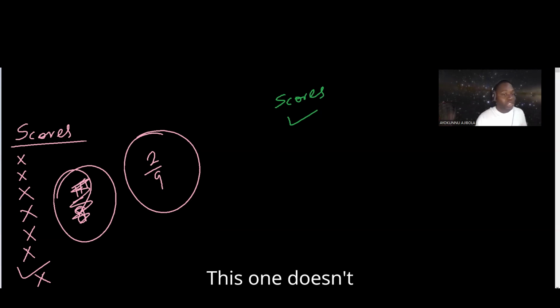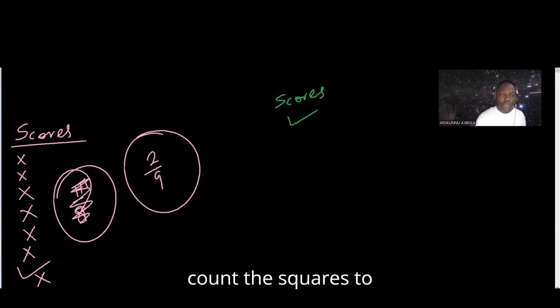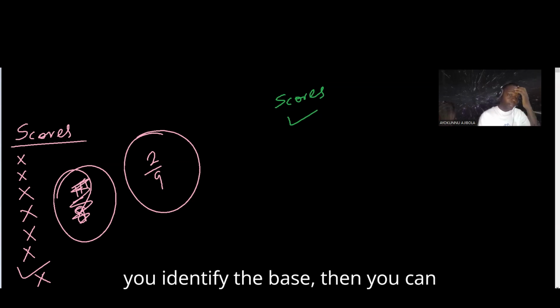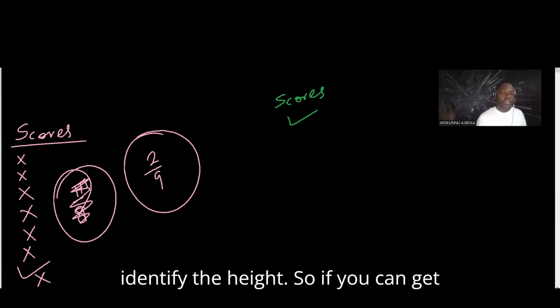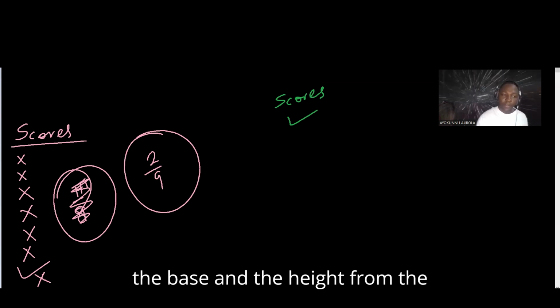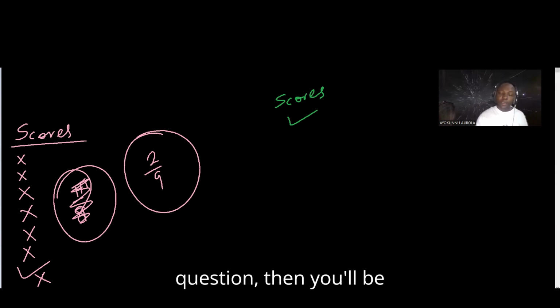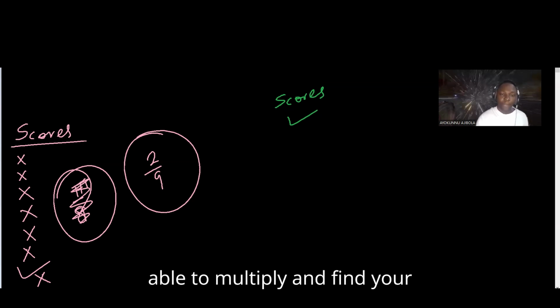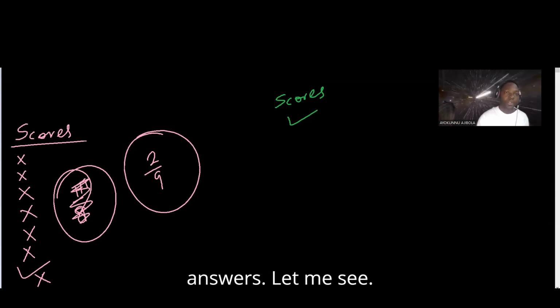This one doesn't really have a dimension stated, but we can try to count the squares to identify the base. So you identify the base, then you can identify the height. If you can get the base and the height from the question, then you will be able to multiply and find your answer.